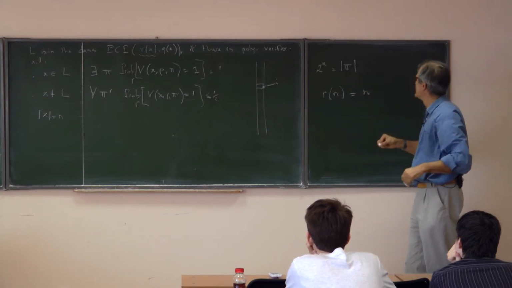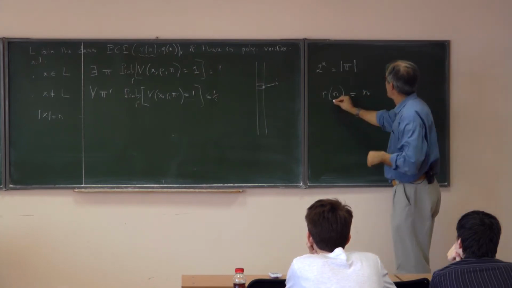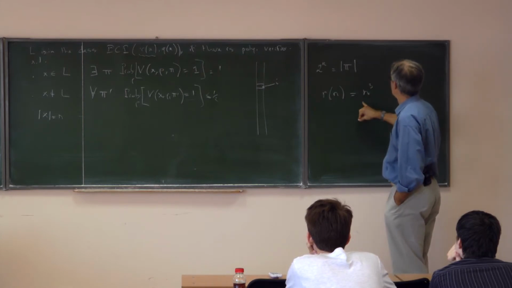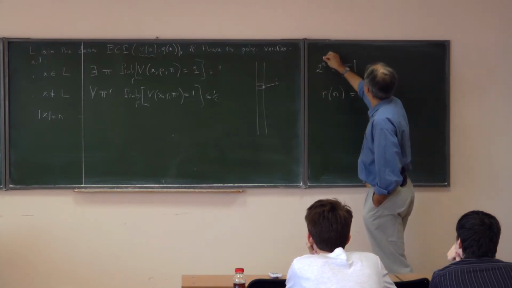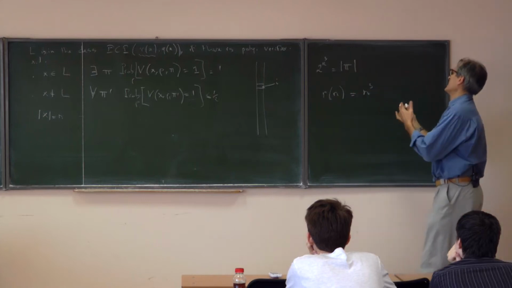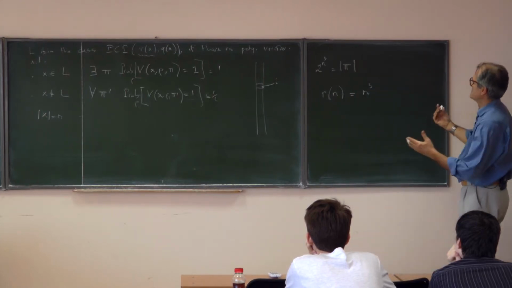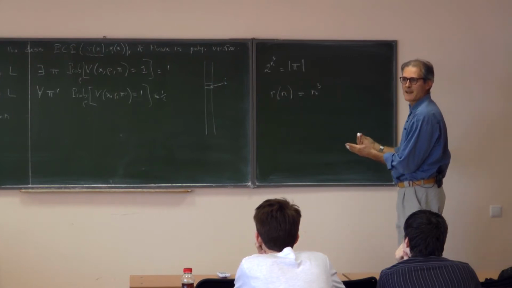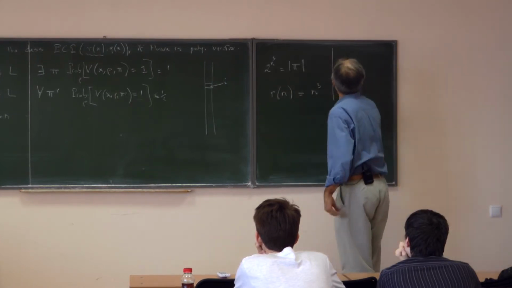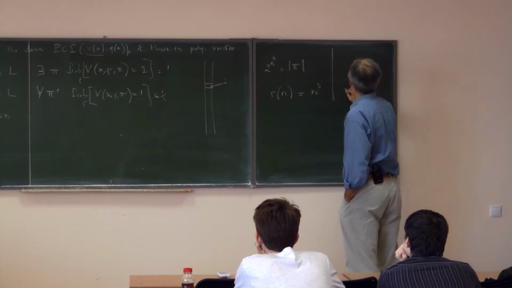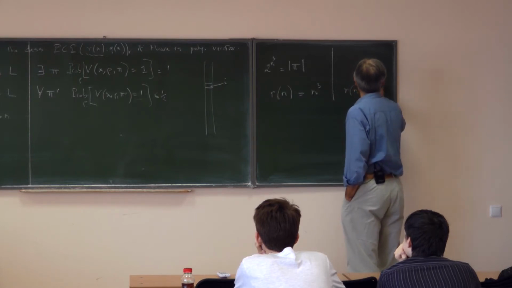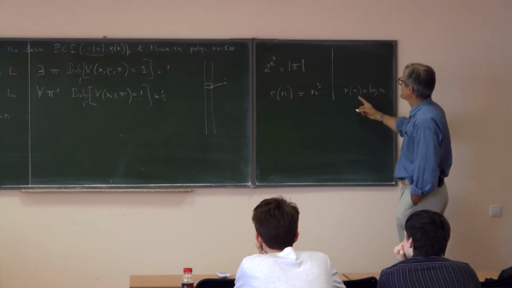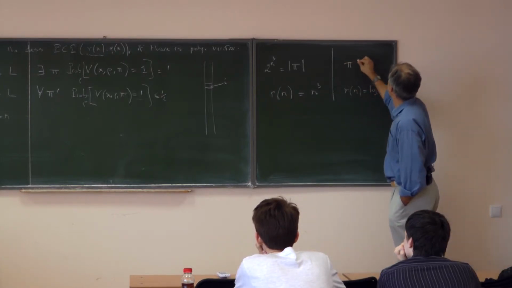So if I put maybe n cubed here, then I can access something of size 2 to the n cubed. And if R(n) is log n, then pi is of polynomial size.